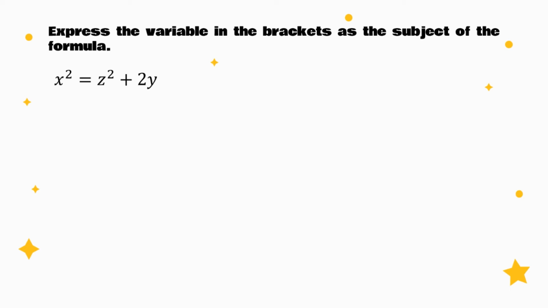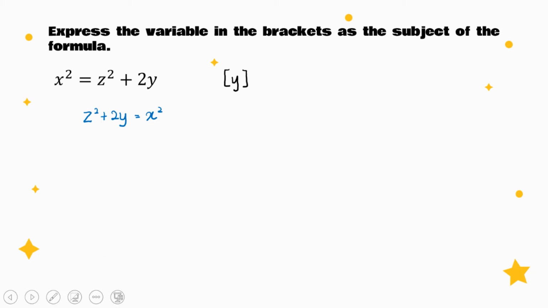Express the variable in the bracket as the subject of the formula. For this question, they want y to be the subject. The same step as before, we exchange the subject place from right hand side to left hand side. Z square plus 2y equals to x square. Now we want to dismiss z square.